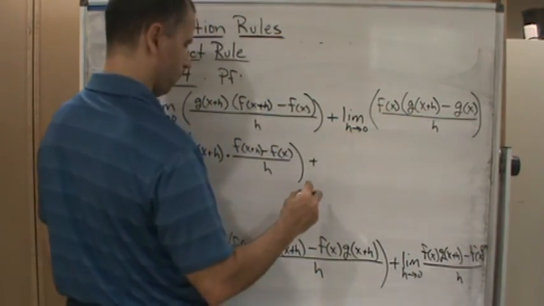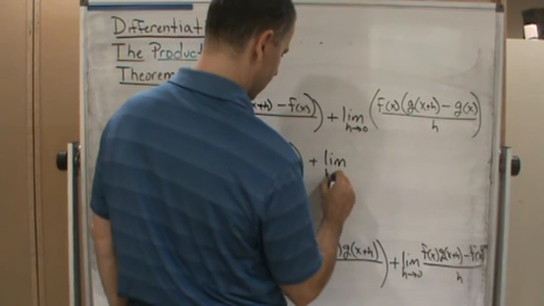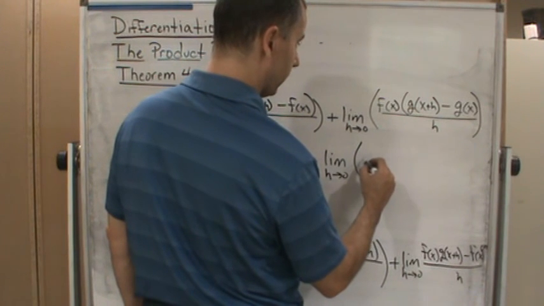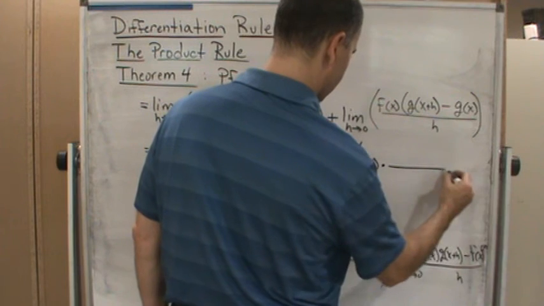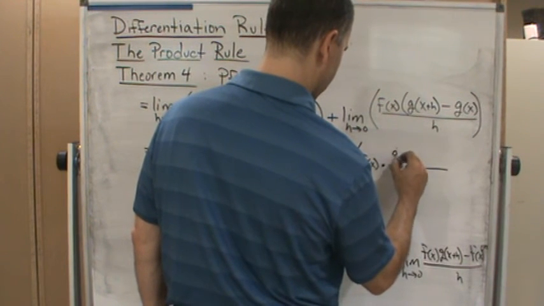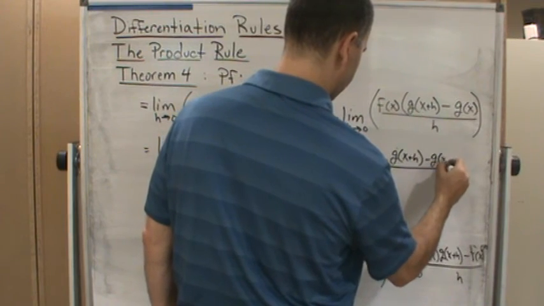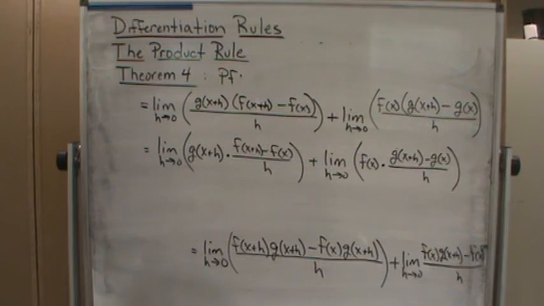Plus the limit as h approaches 0 of f of x times g of x plus h minus g of x over h. Now you guys probably see it.